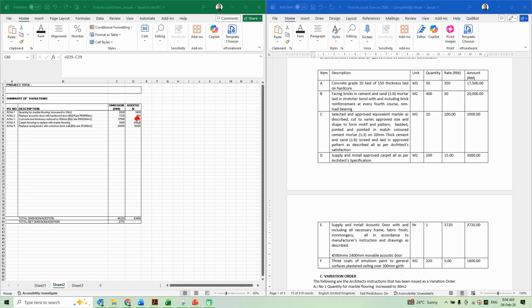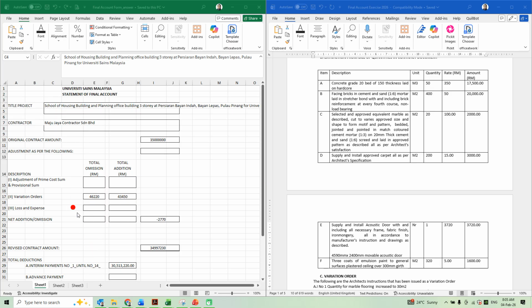Alright. Now, you can have a try and do the rest of the variation order. When you have keyed in all the information here, what is the total of omission and what is the total of addition? Addition minus the omissions, in this case, the project value has reduced by 2,770.